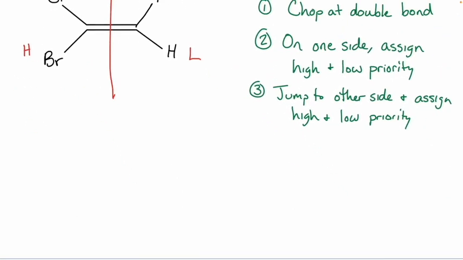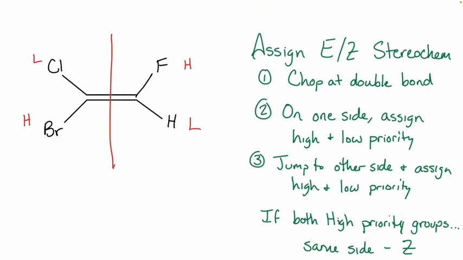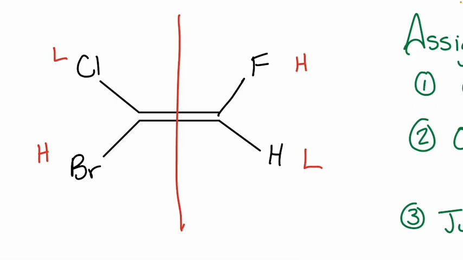So then if both high priority groups are on the same side, same side is Z, and opposite sides is E. So looking at this molecule here, would this be the E or the Z stereoisomer?